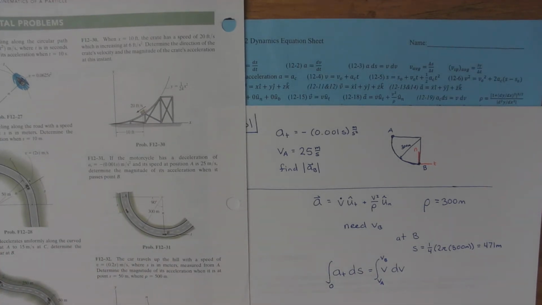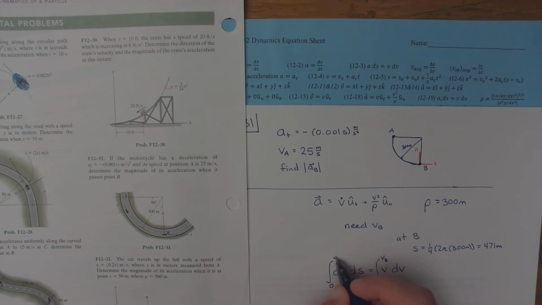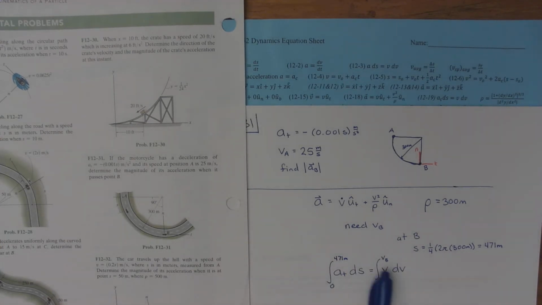My upper limit of integration is s when I am at point B, which is 471. It might be a good idea in general just to leave your upper limit of integration as v and over here as s, and then you can plug in the values for b later. But I think we're going to be fine doing it like this because it looks like all we need is the velocity at point B.